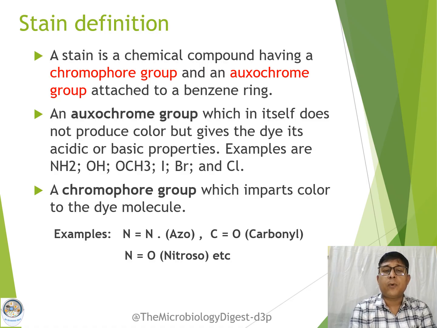The chromophore group is responsible for imparting color to the organism, and the auxochrome group does not impart any color, but it is required in the stain, because it is the group which is responsible for stabilization as well as other properties of the stain. Examples of chromophore groups include azo groups, carbonyl groups, and nitroso groups. These impart color to the organism when present in a stain.